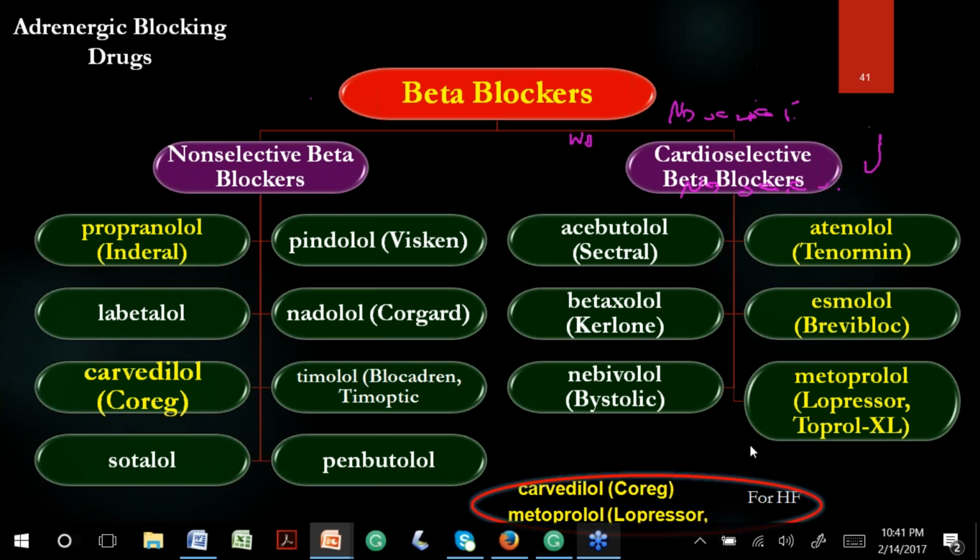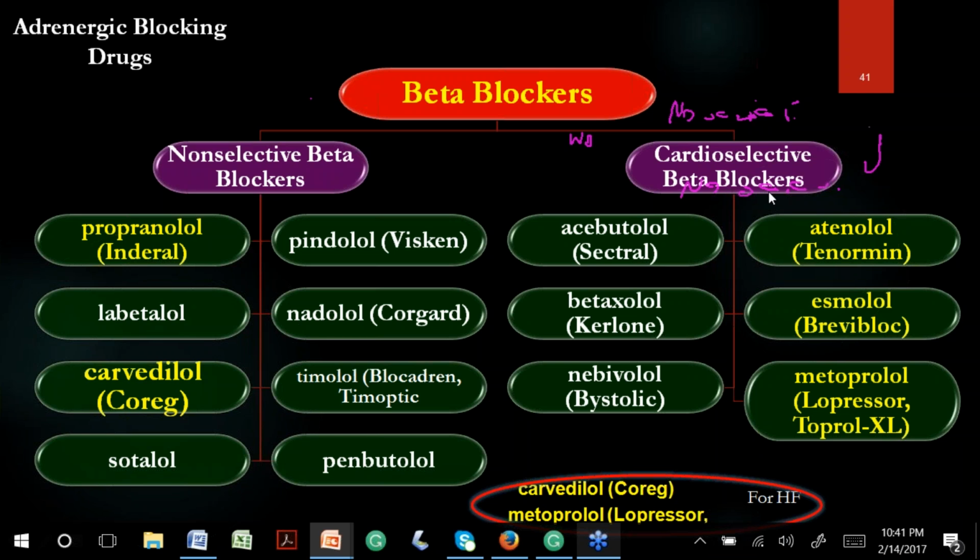We have the cardioselective blocker medications: atenolol, metoprolol, and esmolol, okay? Because they are cardioselective beta blockers, they are going to be selective for beta 1. They are not going to affect beta 2.